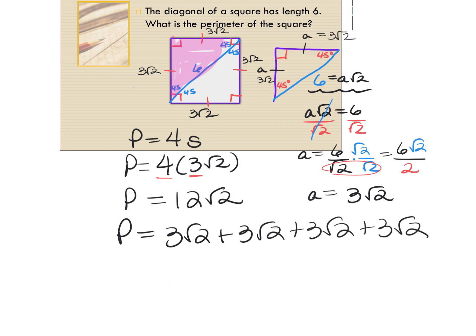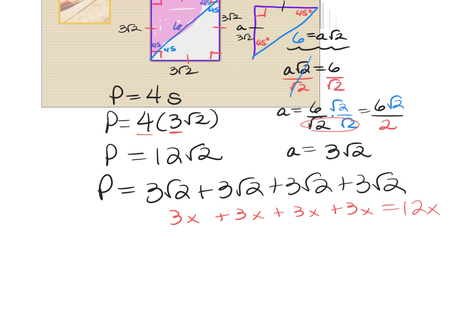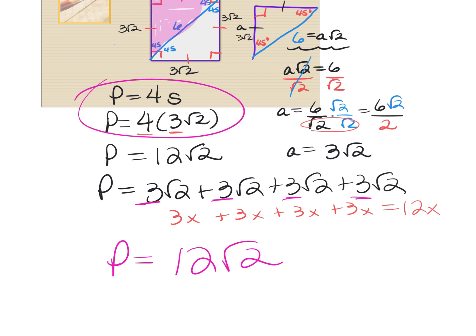So pretend like this was really saying 3x plus 3x plus 3x plus 3x, and you would have gotten 12x. This is the same idea with the radical. All we add are the 3's, and then we just leave the square root of 2. And that would be another way that you could have done the perimeter. It's a lot easier to just do this.